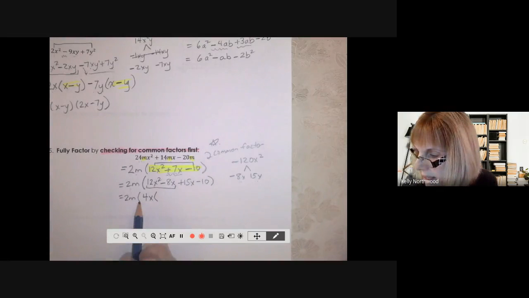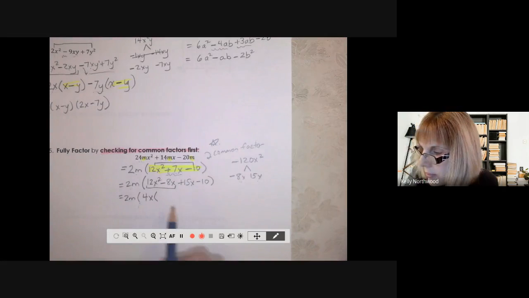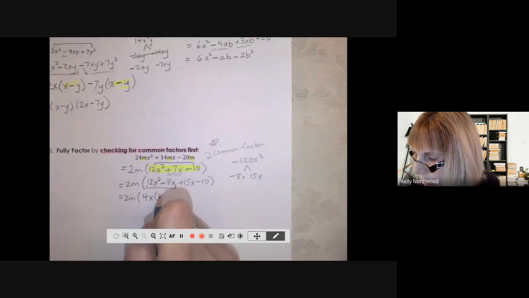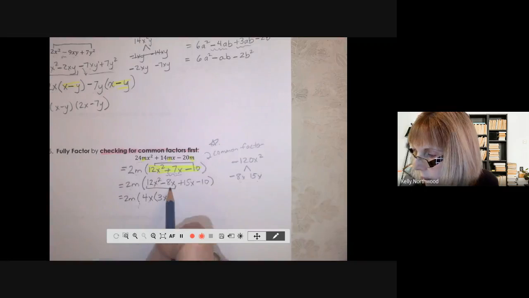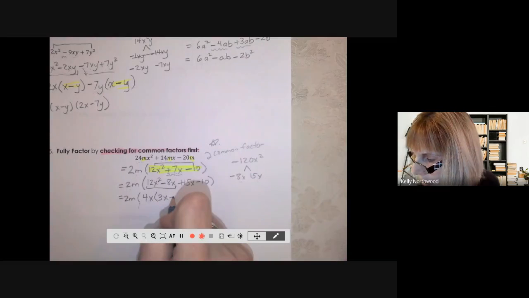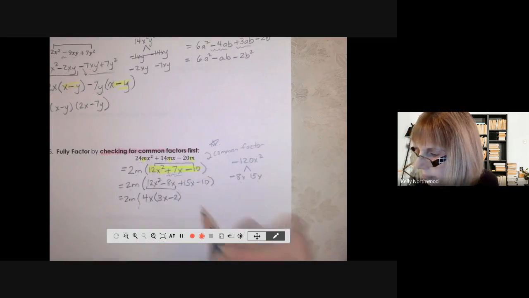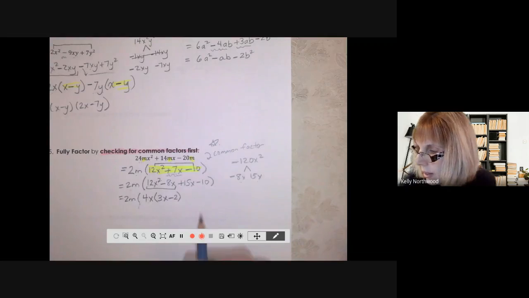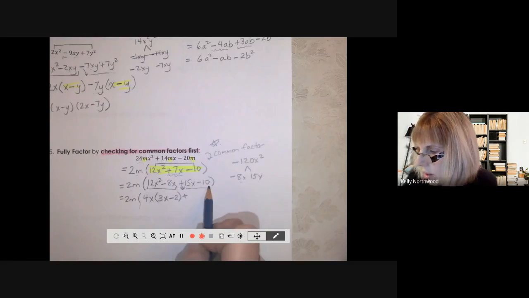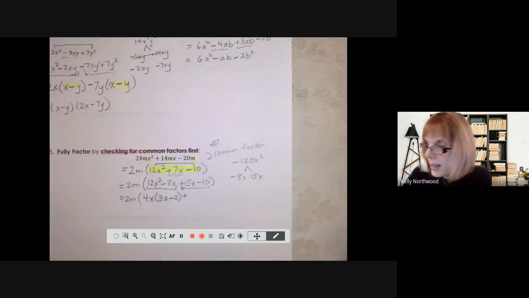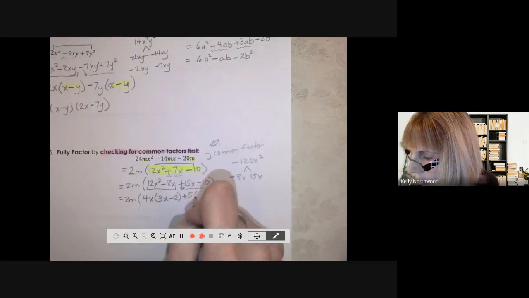So I'm starting to see this nested bracket here. So what do I multiply 4x by to get 12x squared? 3x. And what do I multiply 4x by to get negative 8x? Negative 2. Then I'm looking at the sign here, plus. Sign that comes next goes next. And then I'm looking at what's in common with 15x and 10. 5.